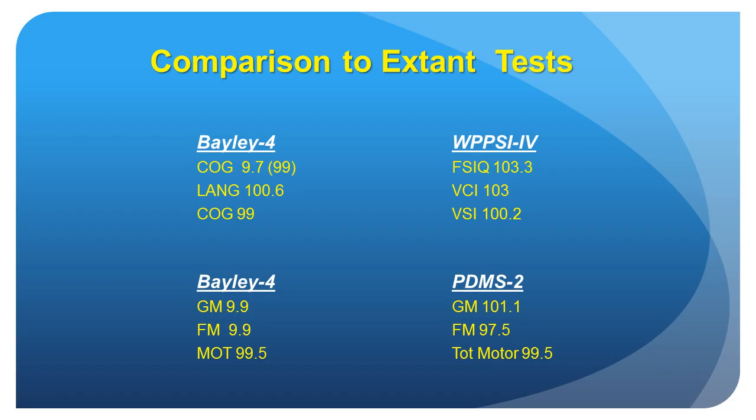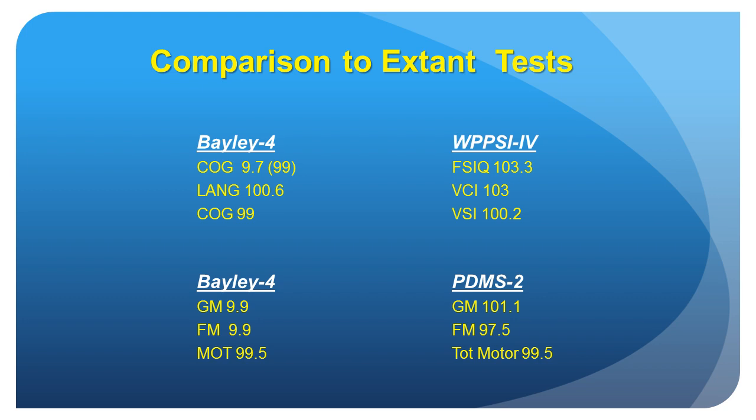And we compared to other extant tests, and the Bayley-4 cognitive was a scale score of 9.7 or a composite score of 99, and the WPPSI-4 full-scale IQ was 103. And you can see the language is comparable, and the cognitive is comparable as well.